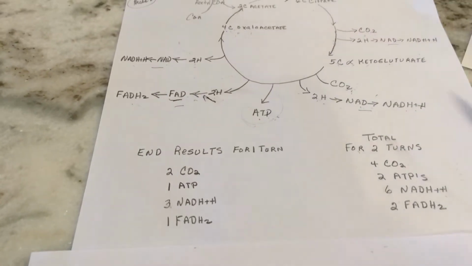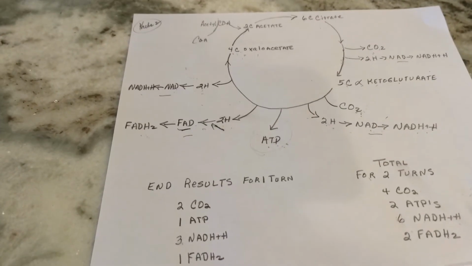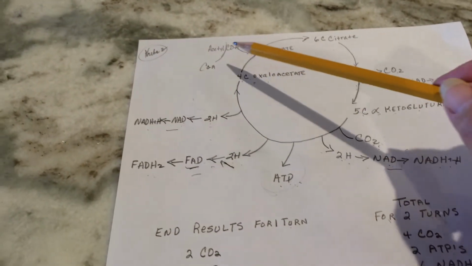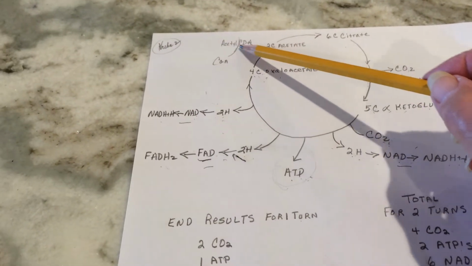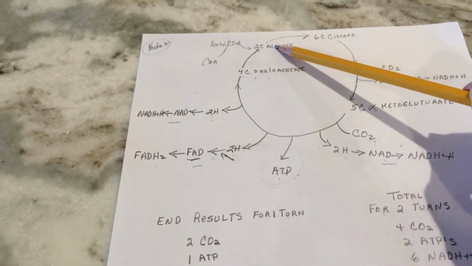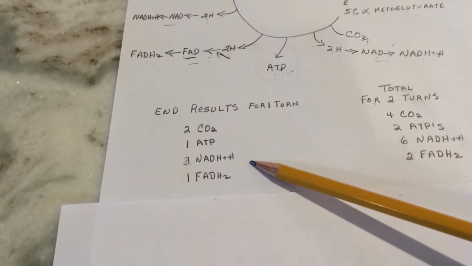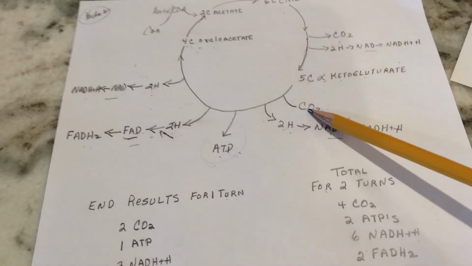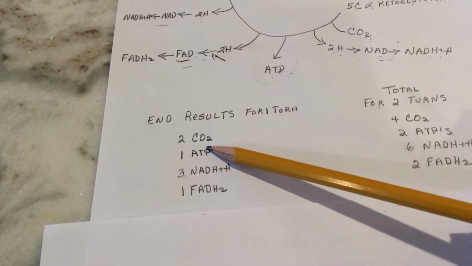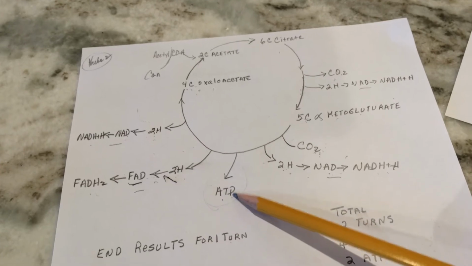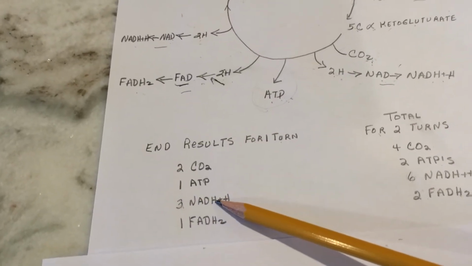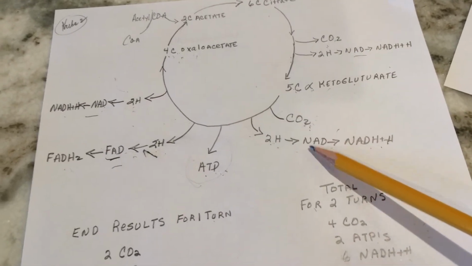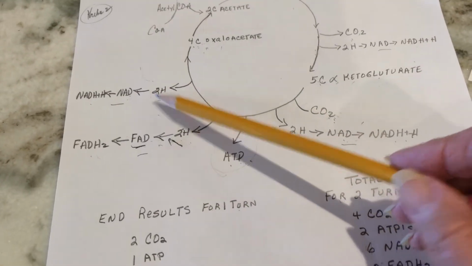Now, in the end results, one turn. First time an acetyl-CoA comes in, donates the acetate, you get these results. 2 carbon dioxides, here and here. 1 ATP, here. 3 NADH plus H buses, 1, 2, 3.